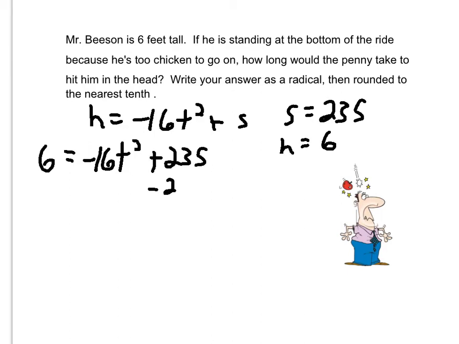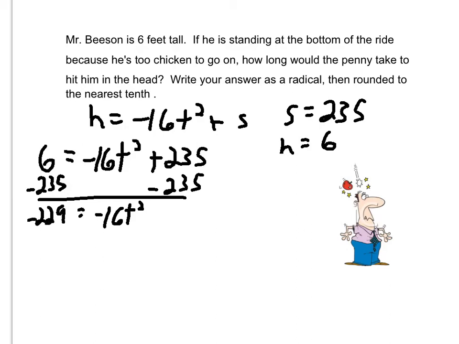So I'm going to subtract 235 again. I'm going to have negative 16t squared equal to negative 229. Then I'm going to divide by negative 16. So I get 229 over 16 equals t squared.